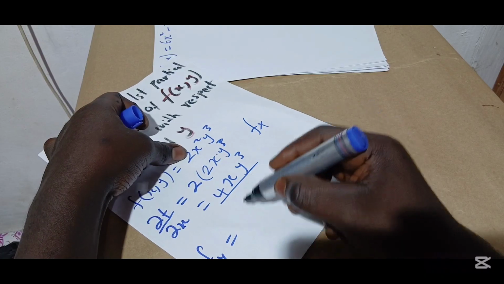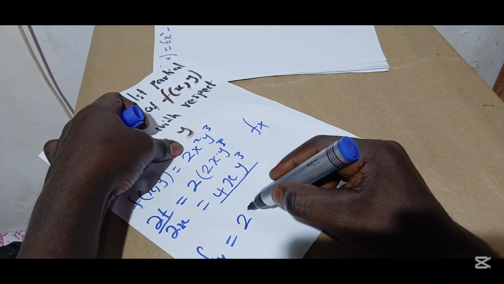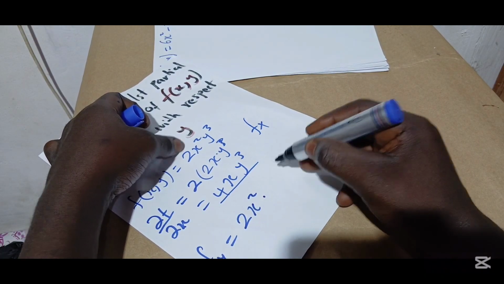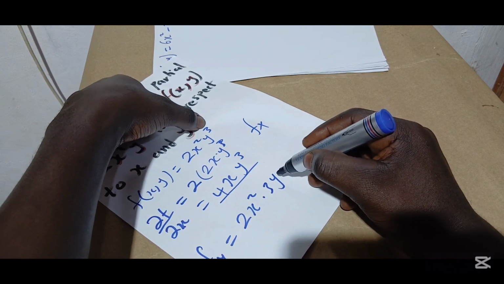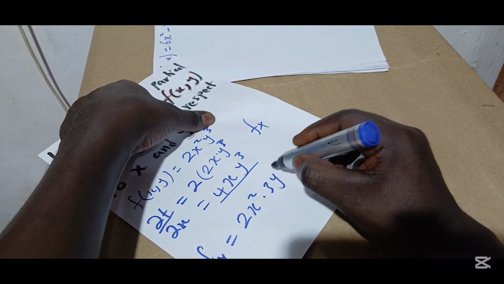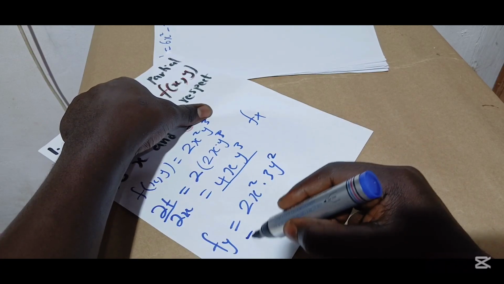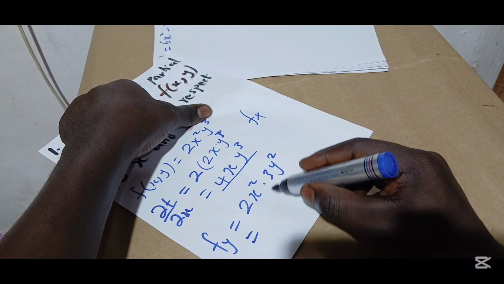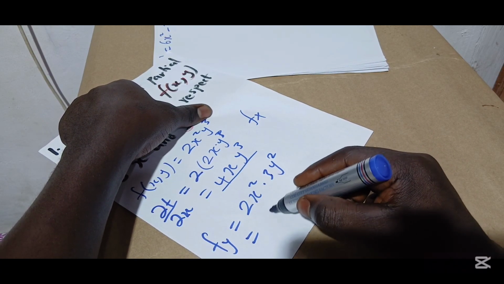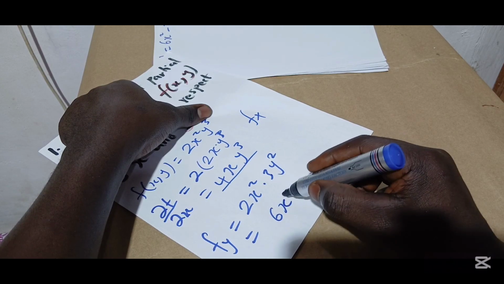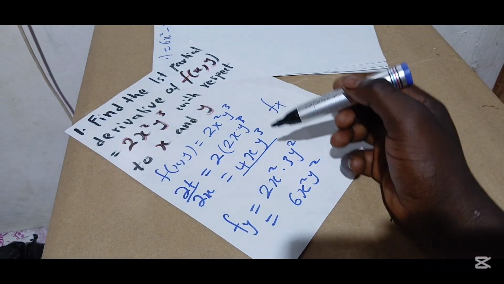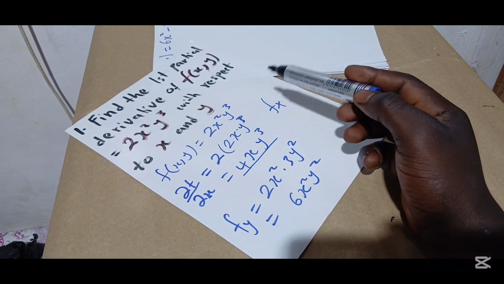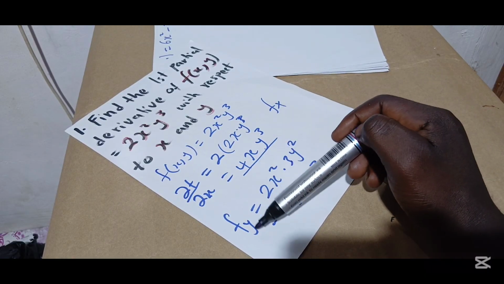So 2x squared multiplying 3 by y, and then the power will decrease by 1, which is 3 minus 1, giving us 2. Simplifying this further, we get 3 times 2, which is 6x squared, then y squared. So that's it for this question. We found the partial derivative with respect to x and with respect to y.